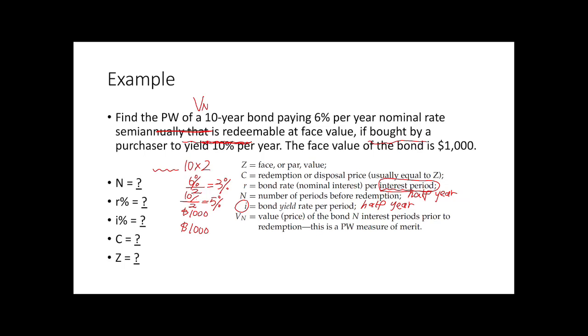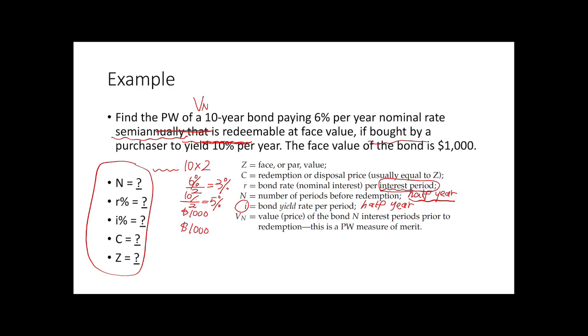But the really important thing is, can you find the correct value of all these N, R, I, C, and Z for a given problem. And you want to be very careful about the interest period. Okay, in our case it's semi-annually, which means you get the interest every half year.